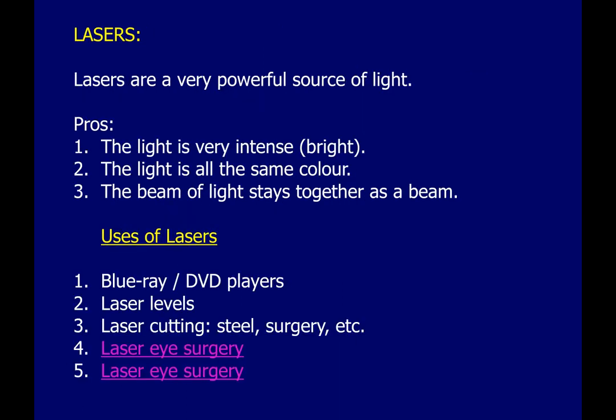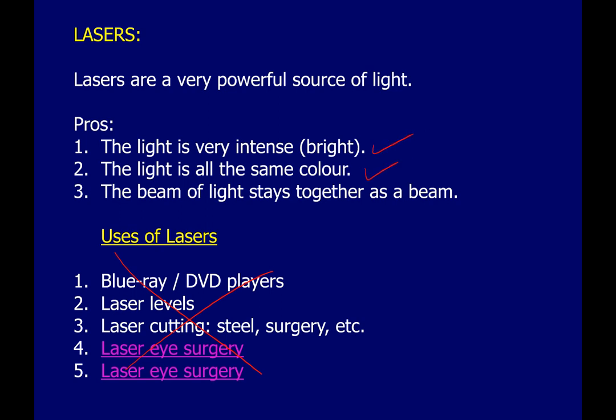And then finally, lasers. You don't actually have to go over any of this. You're going to read about it on, I think, Thursday, anyways. But we'll look at this. Lasers are a very powerful light source, and some properties of lasers are that the light is very intense, meaning very bright.